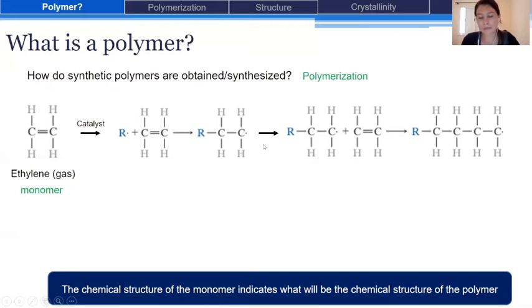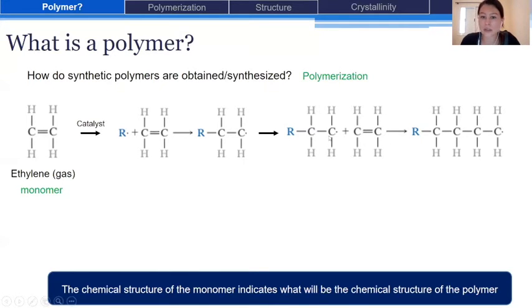After that, this new structure, since it has a radical, is also highly reactive, so it will react with another monomer of ethylene. You should imagine that you have a mixture with ethylene and catalyst, so each time a radical is created in this reaction, this radical will tend to react with another double bond present in another monomer.